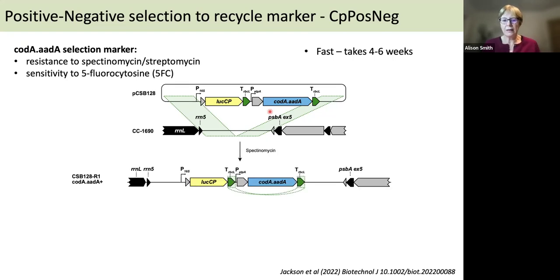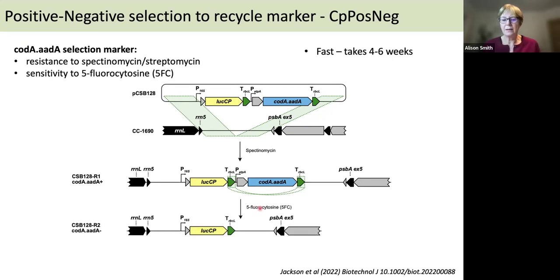So if we introduce that into the genome, we have, in addition, these two sequences either side that flank this selectable marker. We can select on spectinomycin, so we know that we've got the construct in the genome. But then we can counter-select on 5-FC, and cells that still encode COD-A will die.